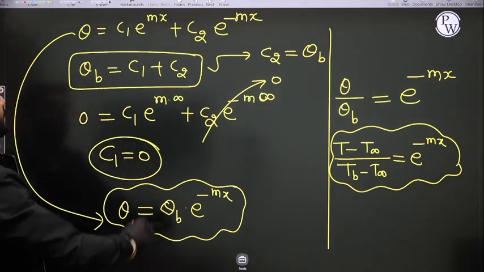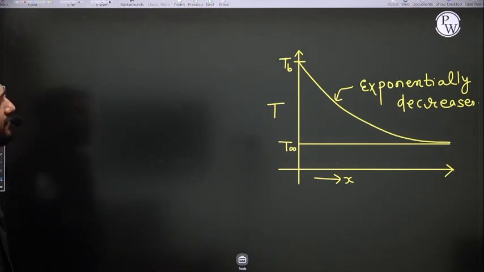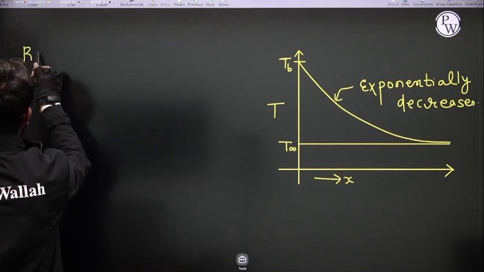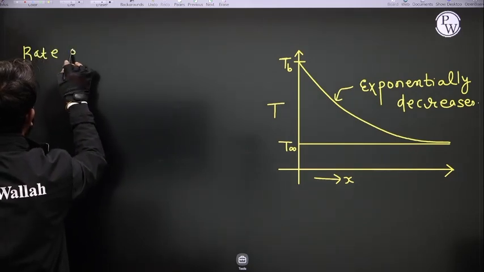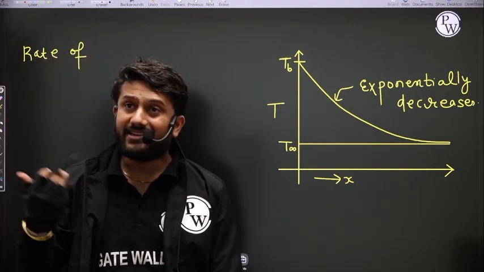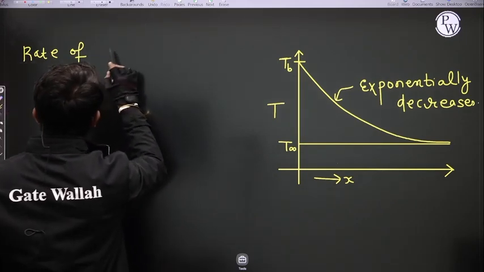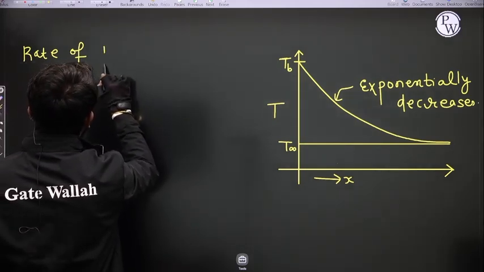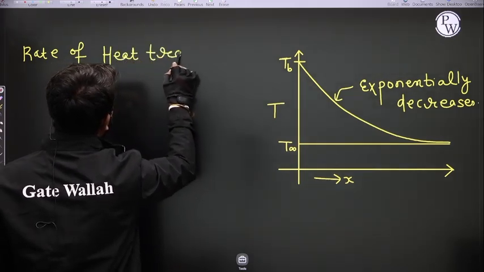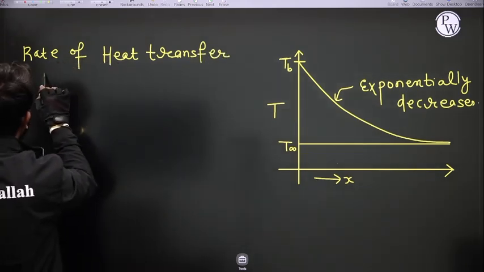Now the second objective is to find the rate of heat transfer through the fin.